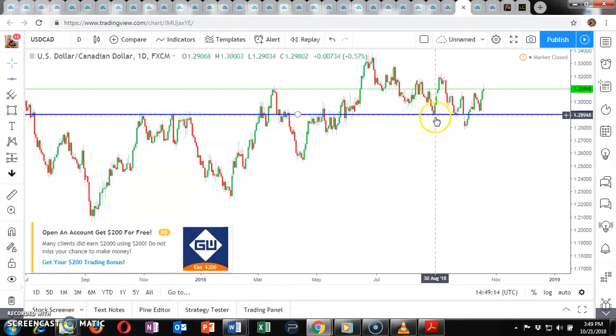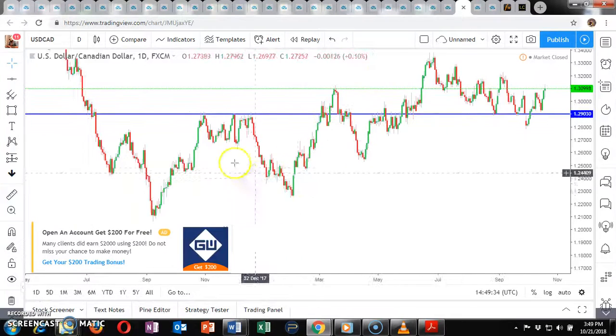This is a support. So support is that line below the market that the market cannot break through, and then resistance is that line above the market where the market cannot break through. So this here is a support line for USD CAD, and when you come back here, you see this line being a resistance line.